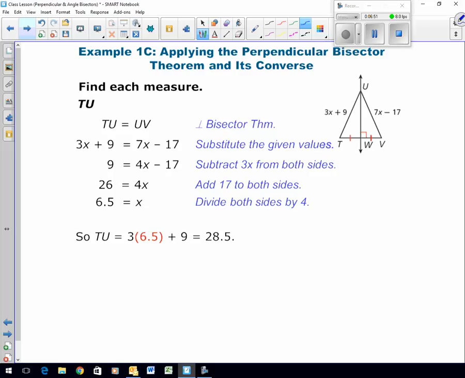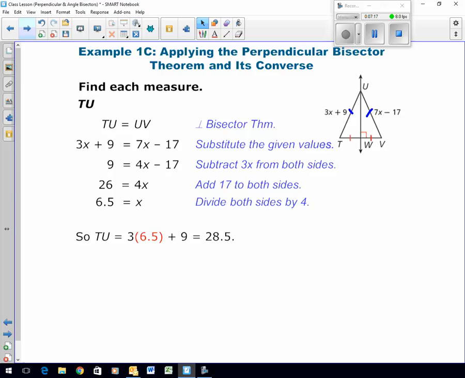If I have a perpendicular bisector where TU meets BU, they are congruent to each other. I would set those expressions equal, solve for x, and plug x back in to get T to U.